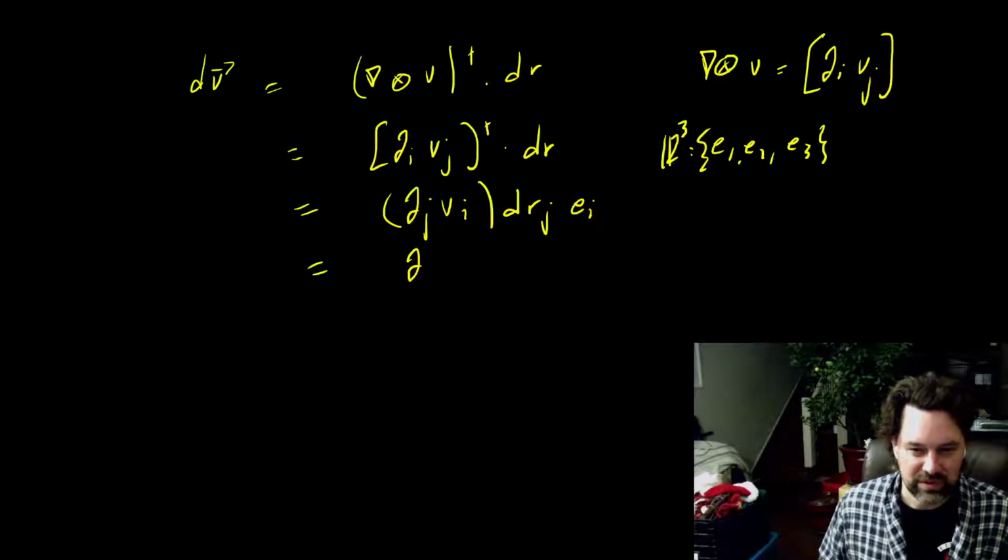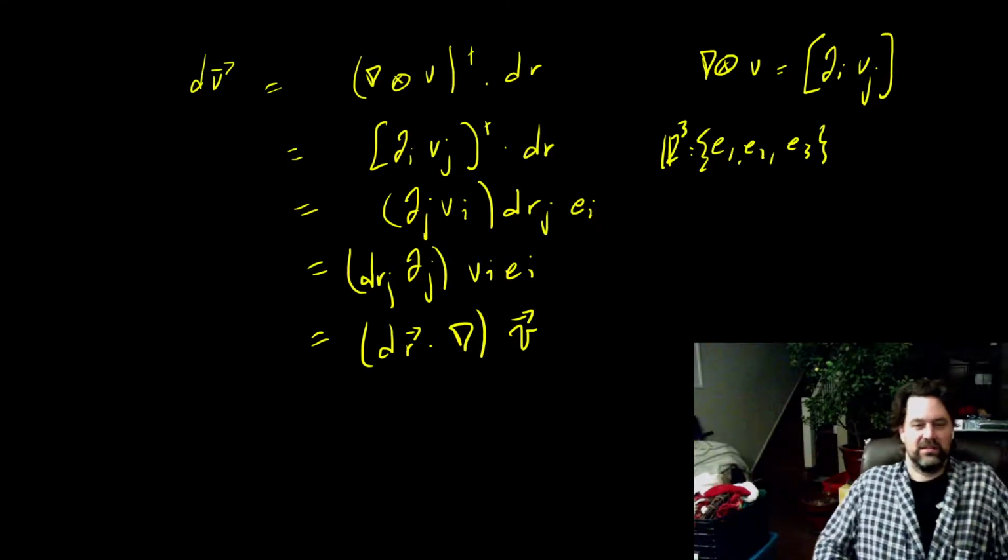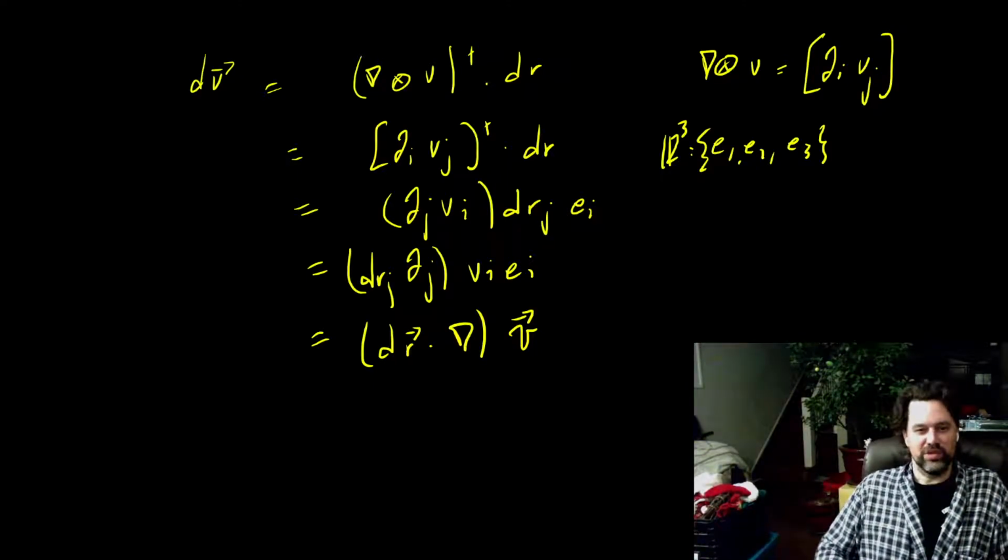So assuming that this is what we mean, this is d/dxj drj times vi ei, where I'm implicitly summing over all repeated indices, and so that is dr dot grad, a scalar operator, times v, the vector. So that's not an unreasonable quantity to be investigating.